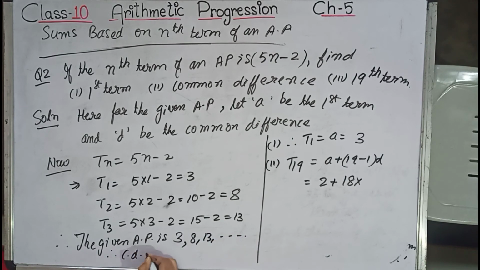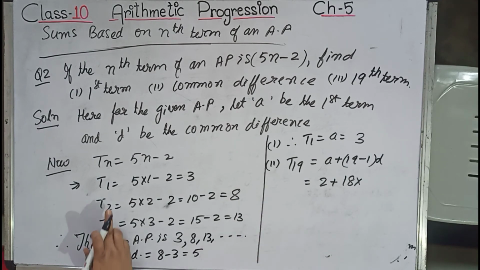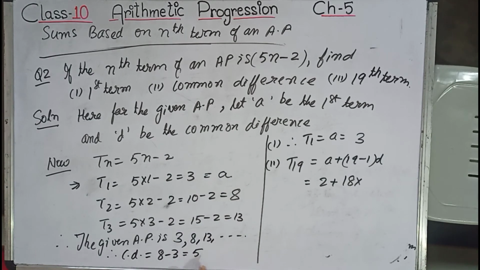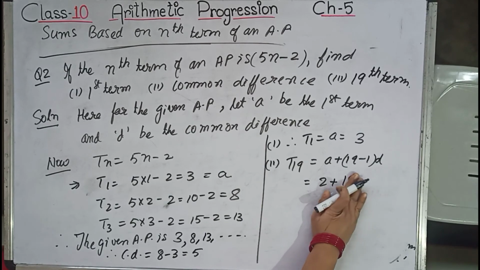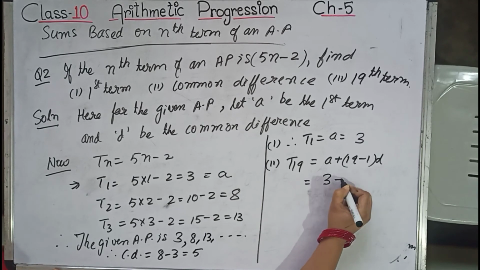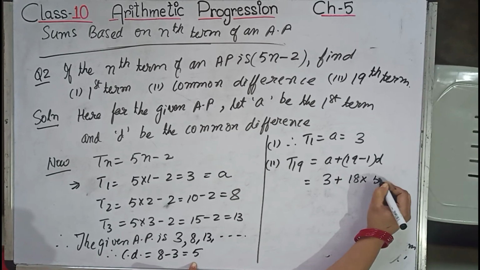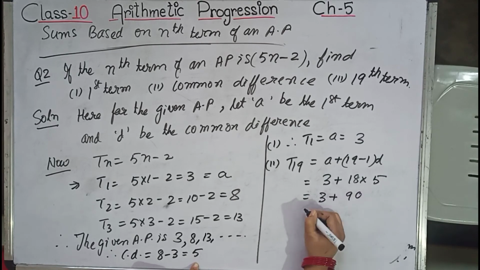Therefore, common difference equals 8 minus 3 equals 5. So we have the first term as 3 and the common difference as 5. So T19 is A plus 19 minus 1 into D, that is 3 plus 18 into D. D is 5, so T19 will be 3 plus 90 equals 93.